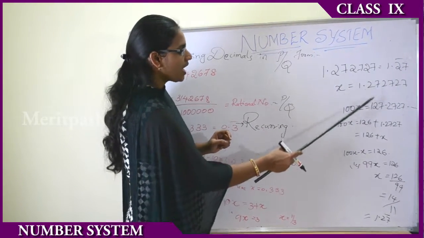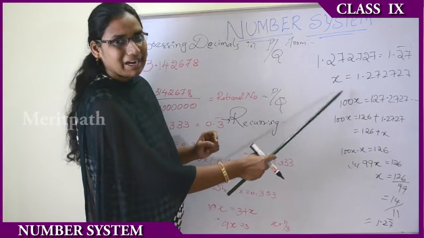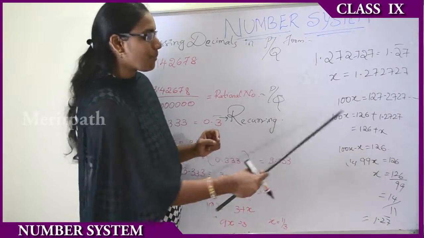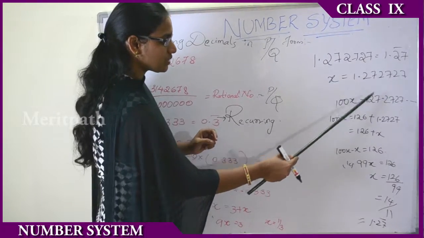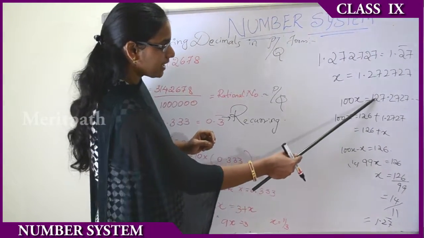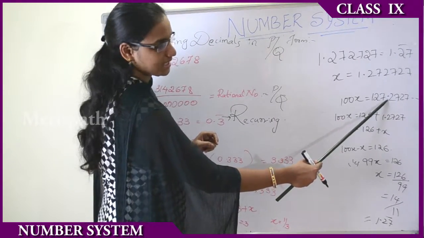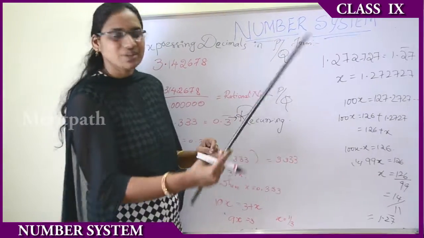100x equals, as I have already said, when we multiply by a number with that many zeros, the point will be shifted that many times. From 1.2727, when it is multiplied by 100, the point will be shifted towards the right side, that is after 2 digits, to 127.2727 and so on.